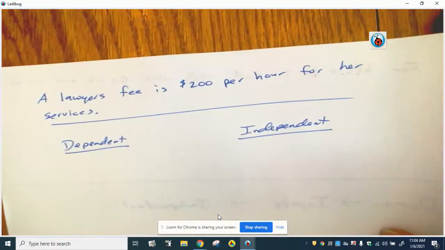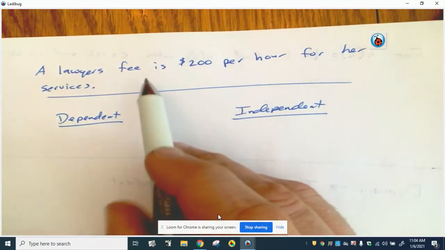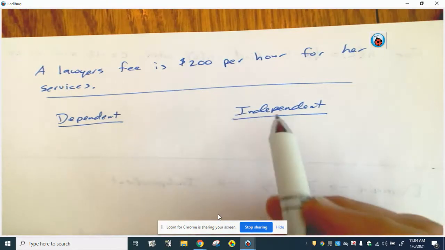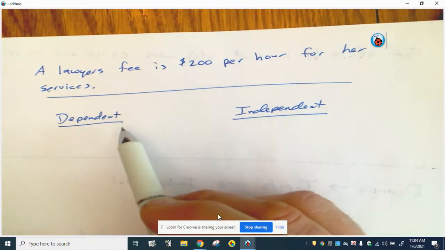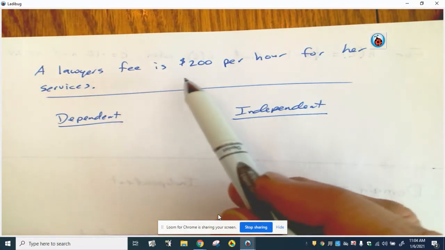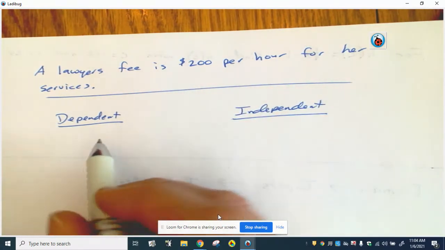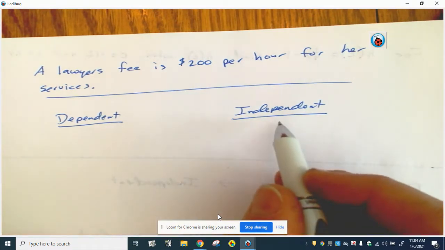Now let's say we have to write an equation for a situation. The first thing we have to figure out is what the dependent and independent variables are. So we have a basic situation: a lawyer's fee is $200 per hour for her services. What is the dependent variable and what is the independent variable?